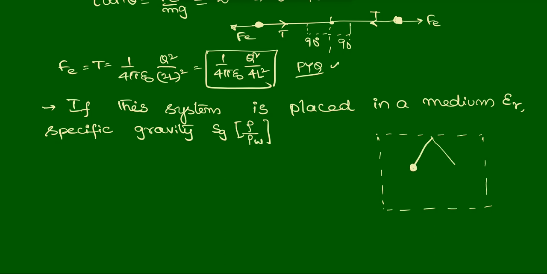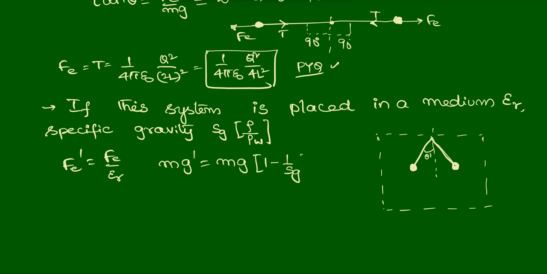Now for these two charges, as the medium changes, the Coulomb force will change, because the Coulomb force will be equal to Fe by epsilon r, and the gravitational force, according to the buoyancy force, the apparent weight will be equal to mg into 1 minus 1 by Sg.